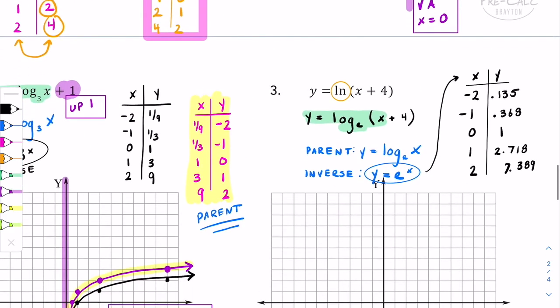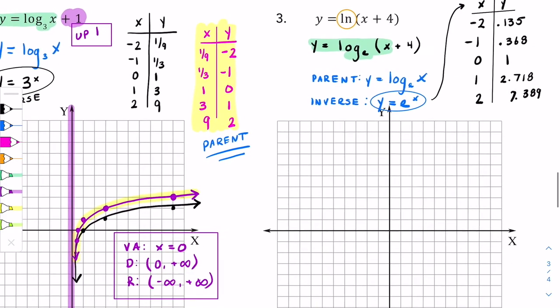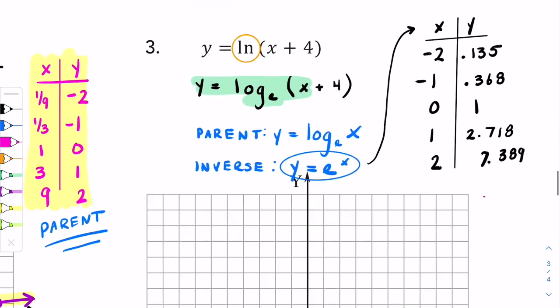Now that we have these points for the inverse function, you need to switch them for your parent function. Switching these points would give us a first point at 0.135, -2, 0.368, -1, 1, 0, 2.718, 1, and 7.389, 2.